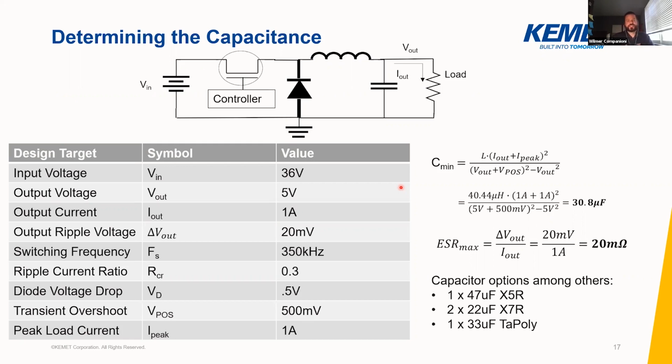So just as with the inductors, there's many different options available to hit these conditions. Each of those come with their pros and cons. And these choices have significant impacts to the resultant output of the regulator itself.